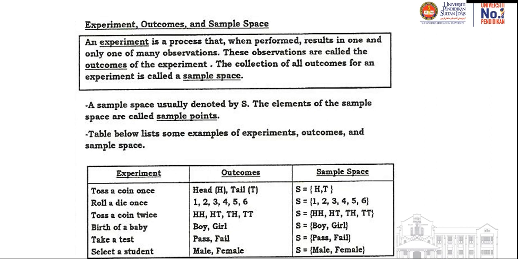For instance, we flip a coin once. The possible outcomes are either head, H, or tail, T. So the sample space S is H or T.